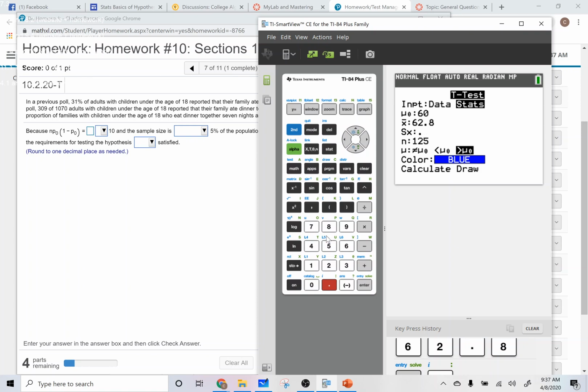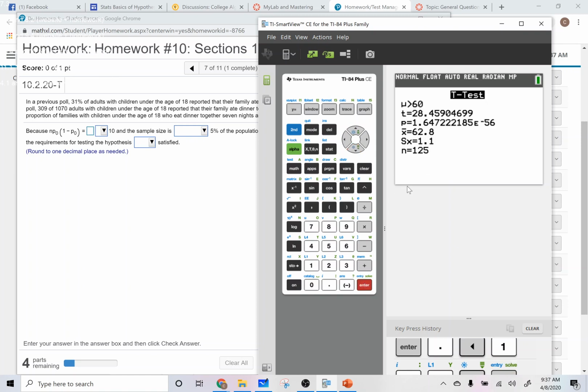No, let's do 1.1. Obviously, this is a sample, and let's say the sample size is 125. And let's say we want to say that it's greater than, because obviously this mean is greater than that. So let's calculate it. Oh, wow. So the p is this.